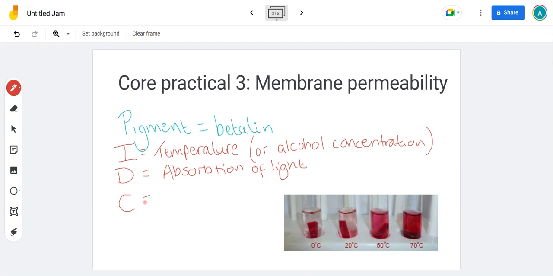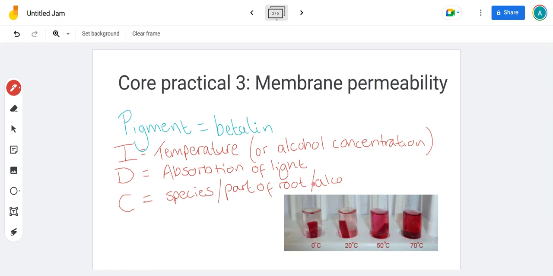And the control variables, things that we're going to keep the same. We should use the same species of beetroot and the same part of the beetroot. If we're using temperature, we should use the same alcohol concentration.